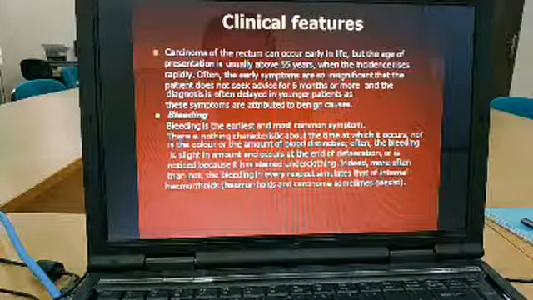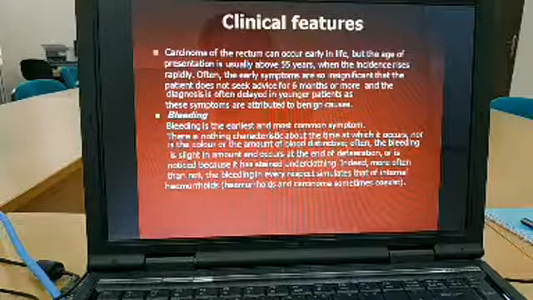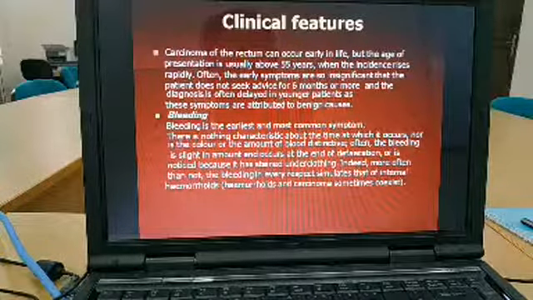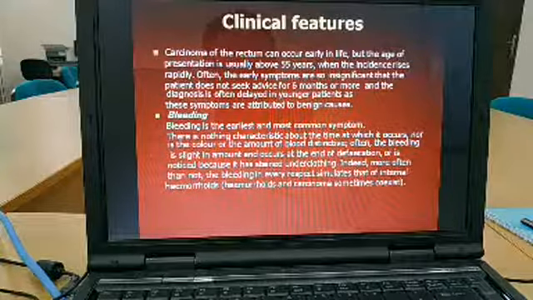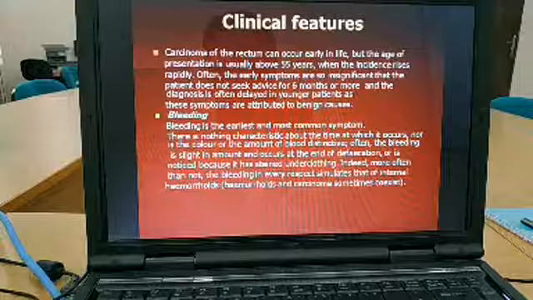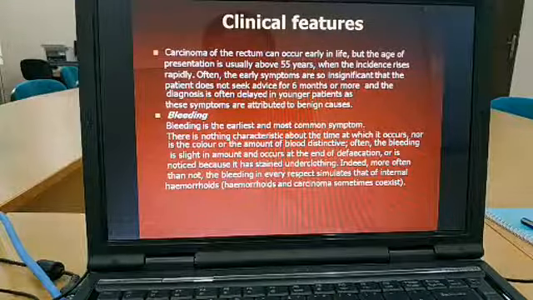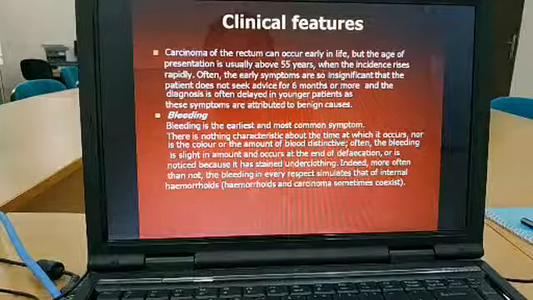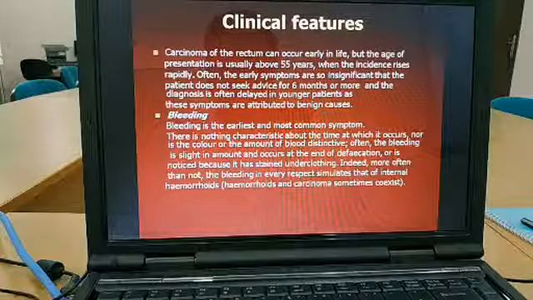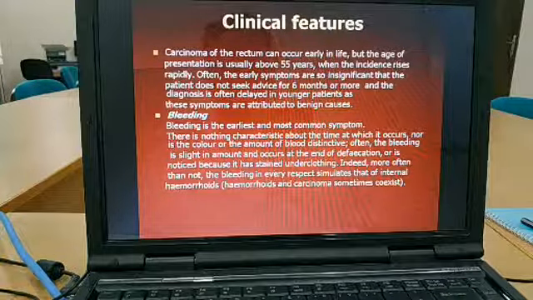So in young patients the symptoms are usually not taken very seriously and it is missed. Another important thing is that if a patient with these symptoms goes to a general physician, they see the patient and take the history, but usually do not do a per rectal digital examination, and that's why most diagnoses are very delayed.